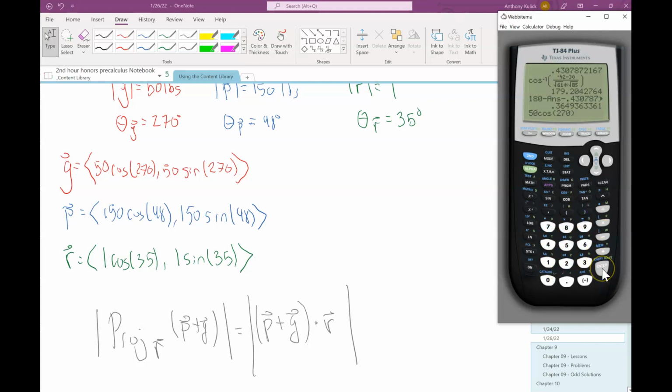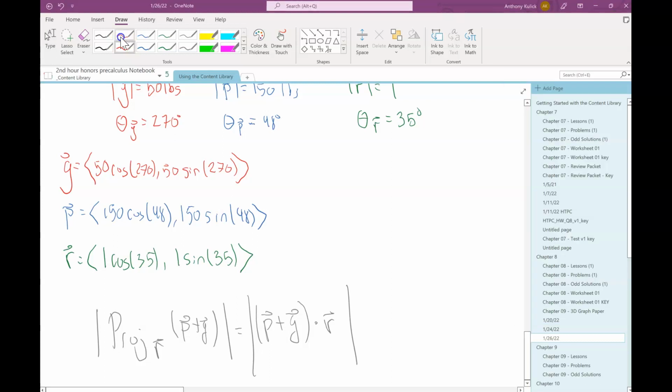Actually, I guess we'll do an intermediate step or two here rather than just going straight through.